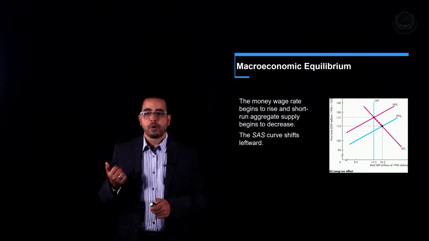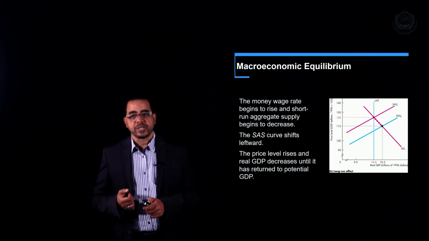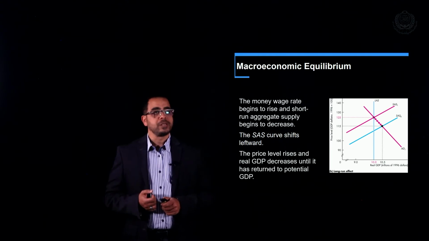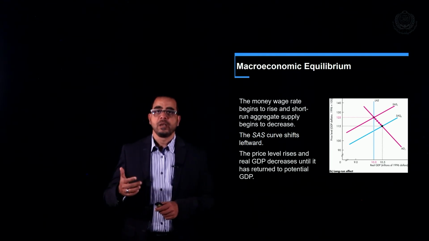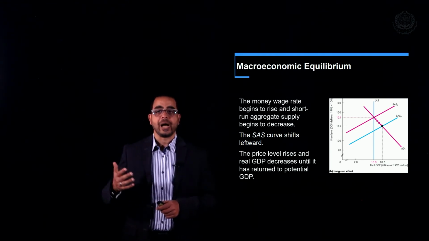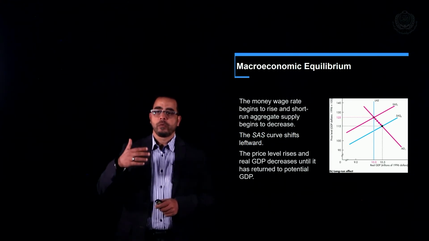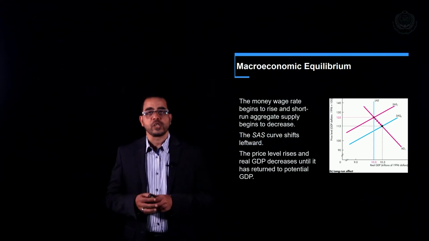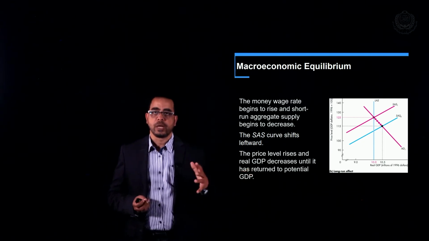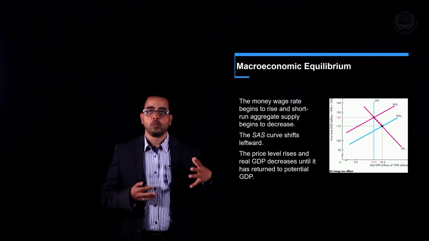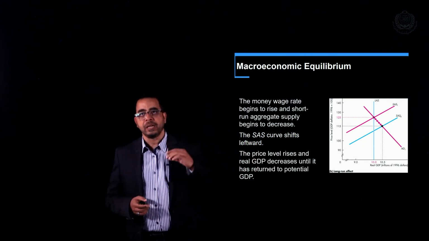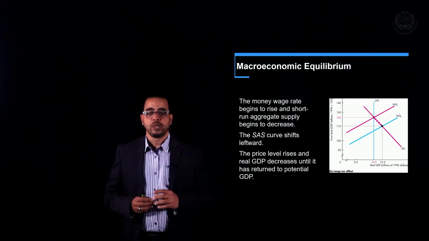When workers see that the prices went up from 110 to 115, they will start demanding and seeking higher wages. So the money wage starts to change as the old contracts of the employees expire. They are expecting a new contract with a higher wage.